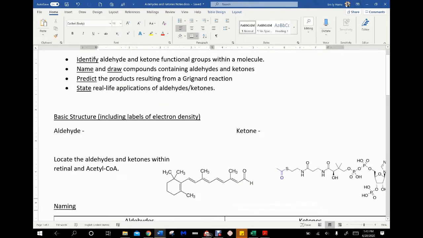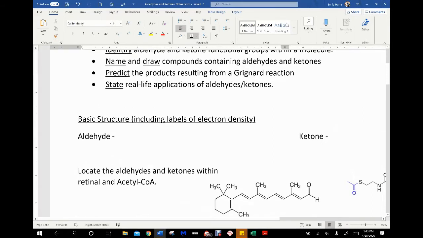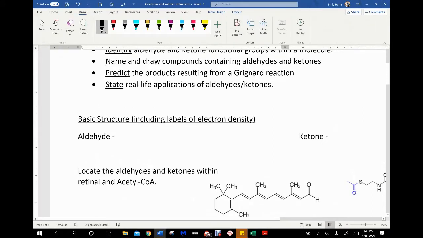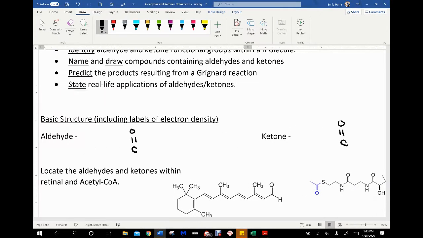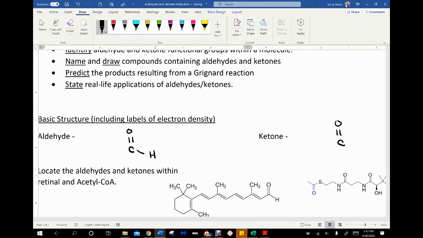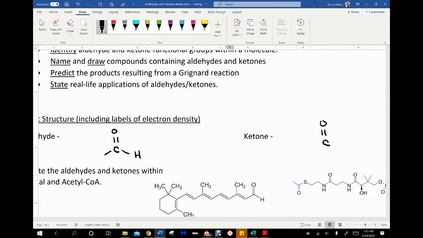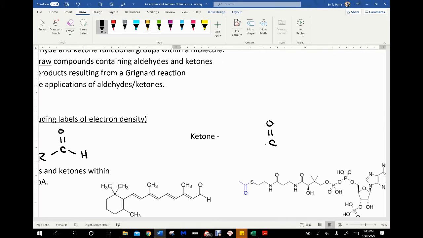Okay, so basic structure. What both of these things have in common is what's called a carbonyl. And what that looks like is you have a carbon that's double bonded to an oxygen. And so that's something that the ketone and aldehyde will share. What is different is that in the aldehyde, the carbon is going to be connected to a hydrogen on one side and the remainder of the molecule on the other side, while the ketone, instead of being connected to a hydrogen, will just be connected to another part of the molecule.